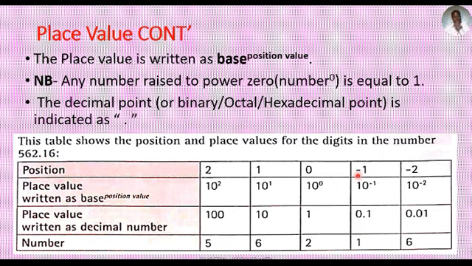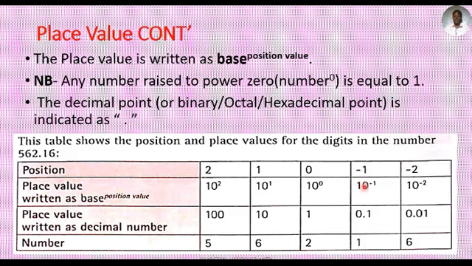And if you check here, we have -1, -2, because there is a reduction from the decimal point, since we are dealing with decimal numbers. So the 1 here falls under position -1. Then the 6 falls under -2. It will continue to decrease as you move to the right.